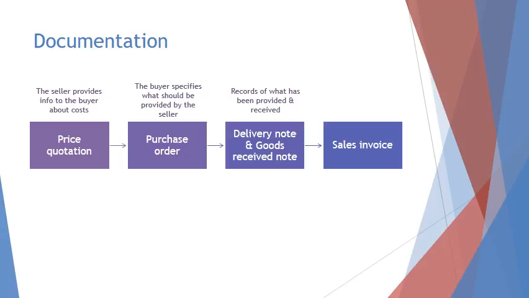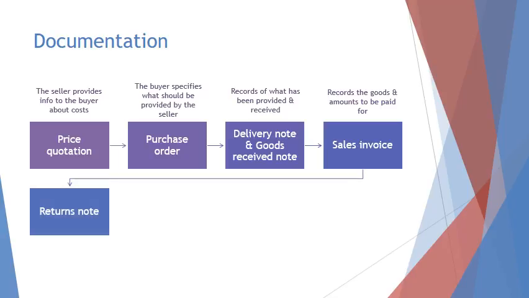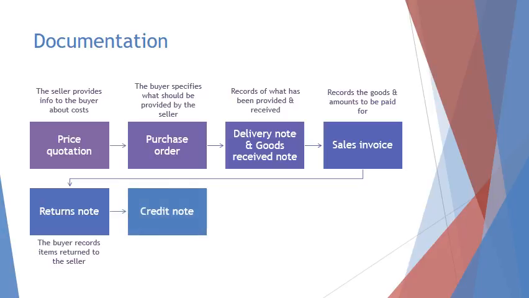Our next document is the sales invoice, which records the goods and the amounts that are to be paid for. Now, sometimes we might need returns notes. These are when some of the goods that have been sent to the buyer have been returned to the seller. Where a returns note has been issued, we'll also see a credit note. This is a reduction in the amount that has to be paid for.